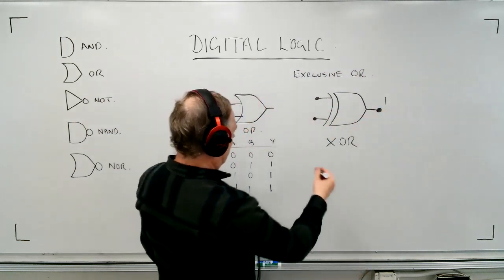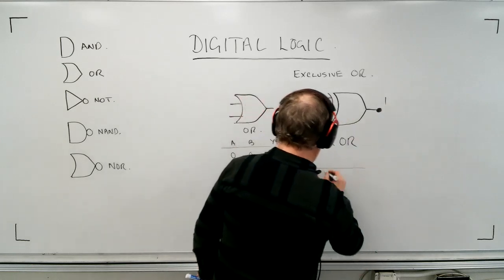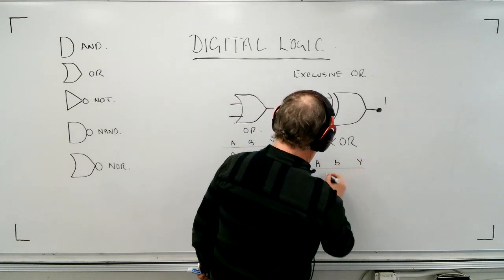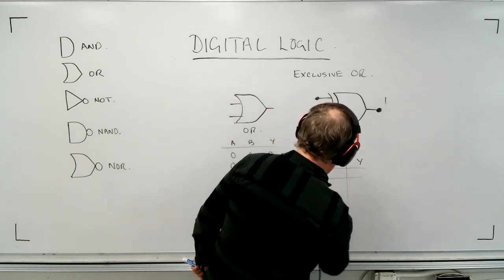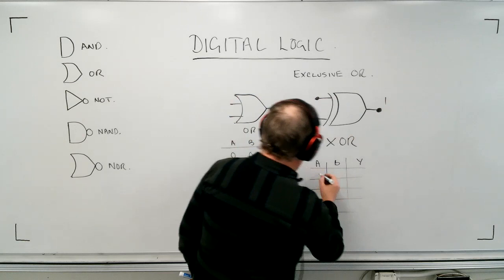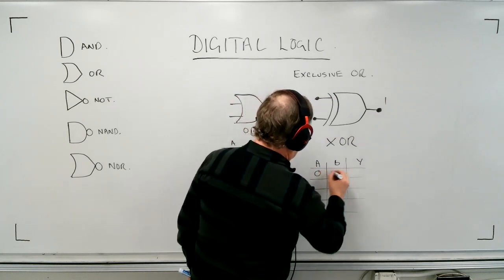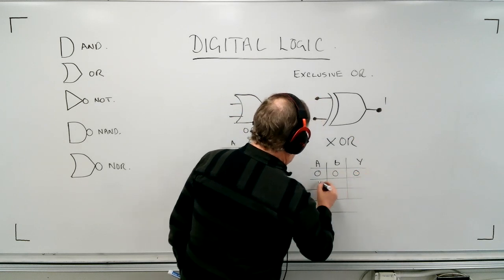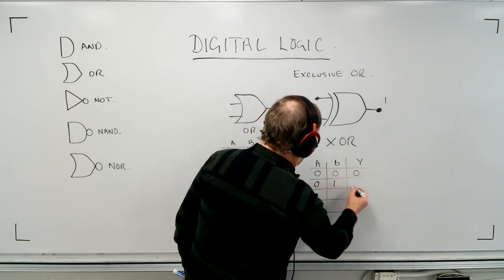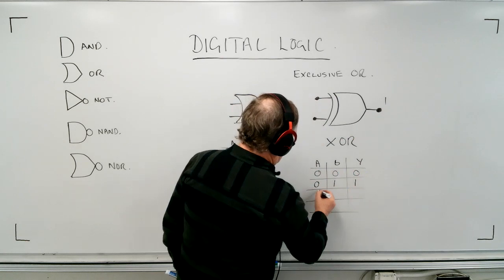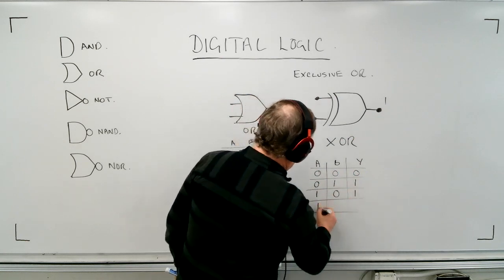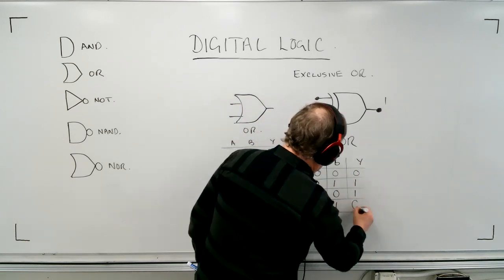And so this one has a little different truth table, and it looks like this: A, B, and Y. So a 0 and a 0 gives me a 0. A 0 and a 1 gives me a 1. A 1 and a 0 gives me a 1, and a 1 and a 1 give me a 0.